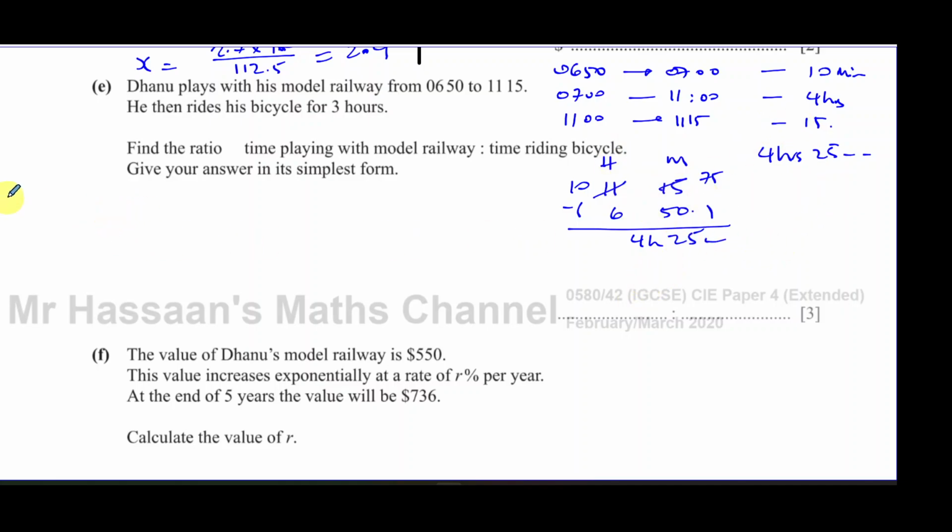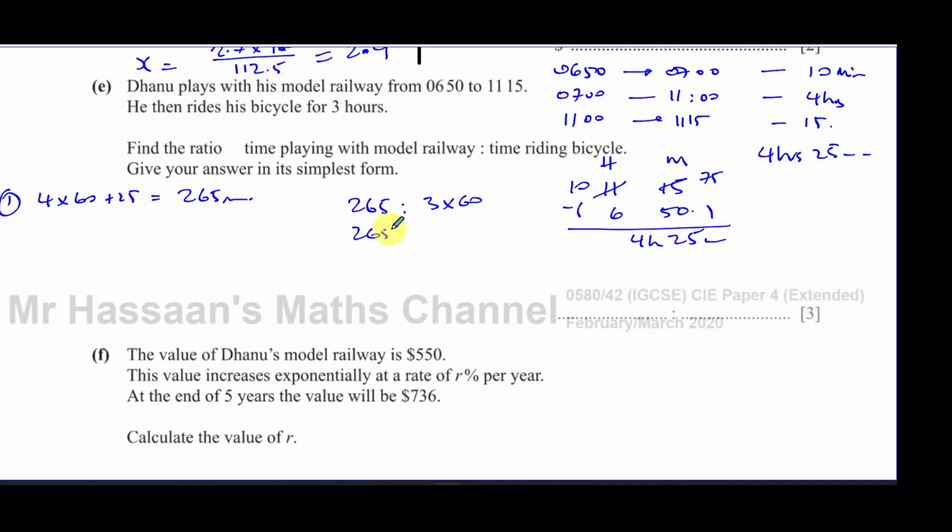So now there are two ways we can deal with this in terms of ratios. One way is to change everything into minutes. So I know that 4 hours and 25 minutes is 4 times 60 plus 25, which is 240 plus 25, that's 265 minutes. Then I can work out the ratio of the time playing with the model railway, 265, to 3 hours, which is 3 times 60.